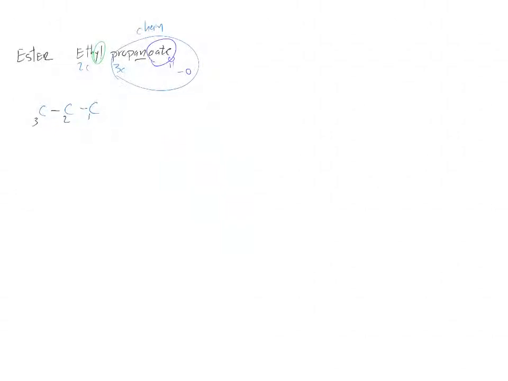I'm going to now double bond my oxygen, single bond my oxygen, and then I'm going to add my branch, which is an ethyl branch, so that's going to be 2 carbons long, and those are all single bonded as well. And then I'm going to go back and add hydrogens so that every carbon has 4 bonds. Like that.